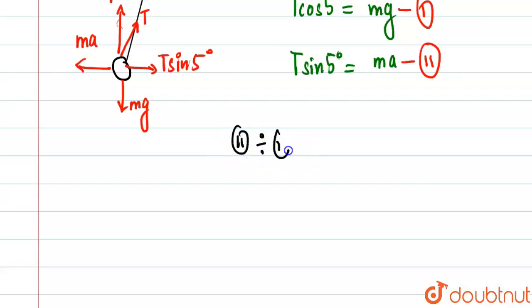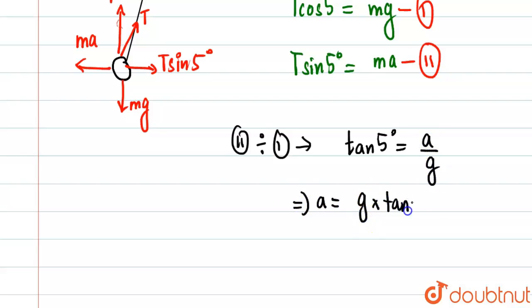We will have tan 5 degree, because sin 5 degree by cos 5 degree is tan 5 degree, and it will come out to be a upon g. That means acceleration a will be equal to g into tan 5 degree.